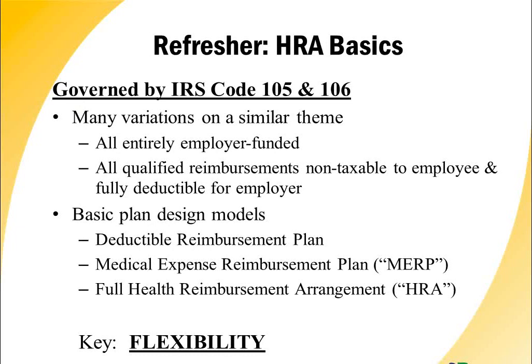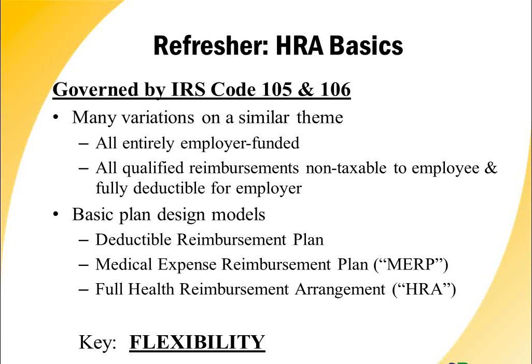So let's start with the HRA basics. Health reimbursement arrangements are excluded from income. Reimbursements and coverage under the HRAs are excluded under IRS Code Sections 105 and 106. What you'll see as we go through and talk about HRAs is the biggest key to HRAs is flexibility.